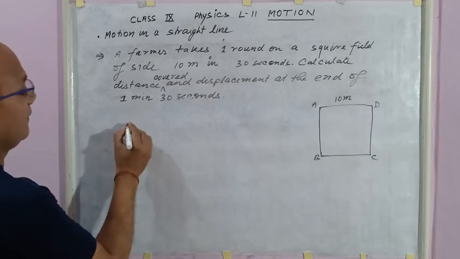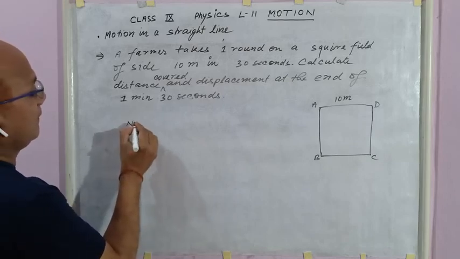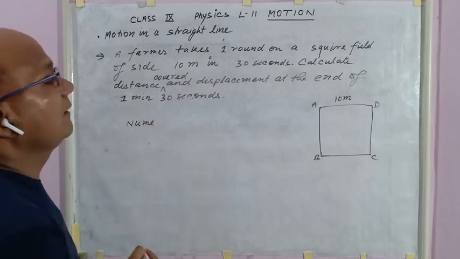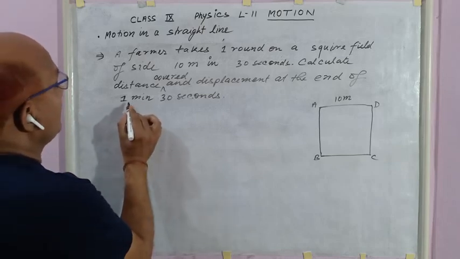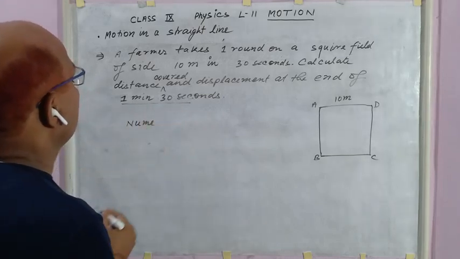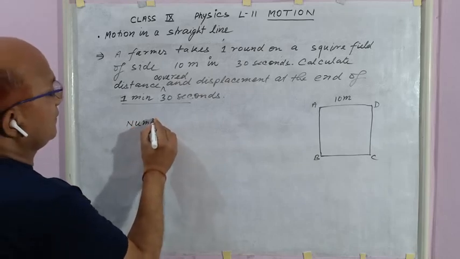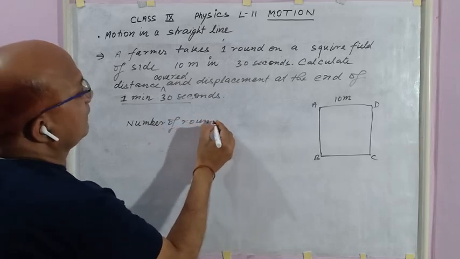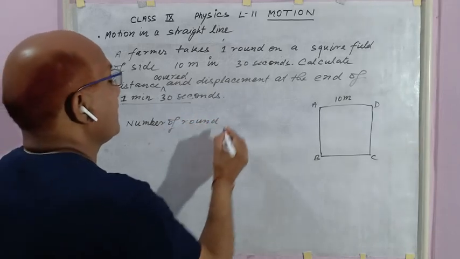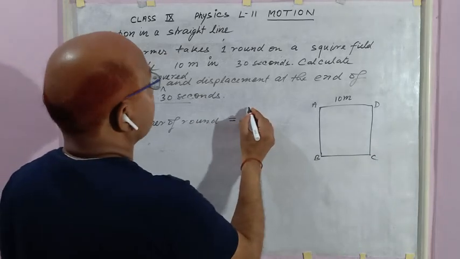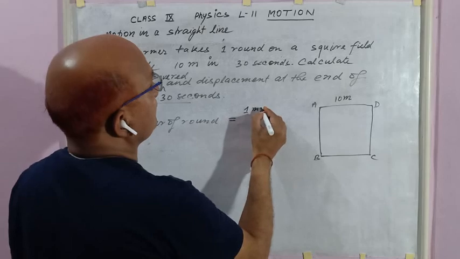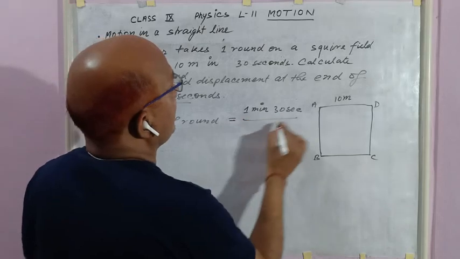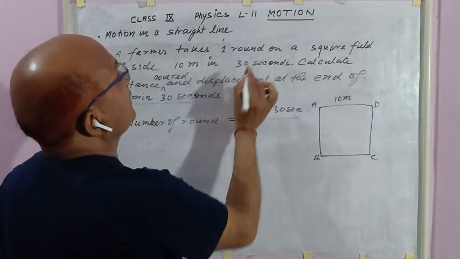Now first we will calculate how many rounds we take in the duration of this. So number of rounds is equal to 1 minute 30 seconds, this is total time, upon he takes one round in 30 seconds.